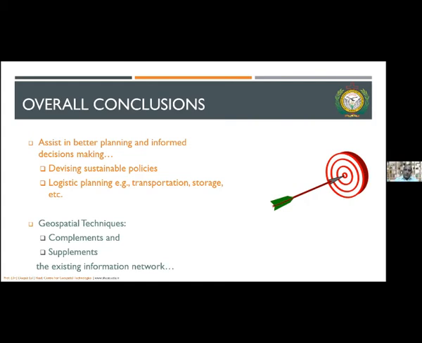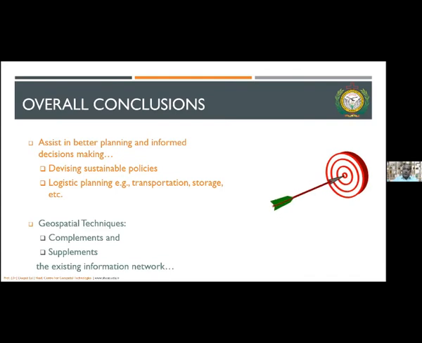Through geospatial technologies, we are trying to get additional information on top of what we already have. We are not saying remove all ground-based measurements or all the information we have for now and use geospatial technologies only.